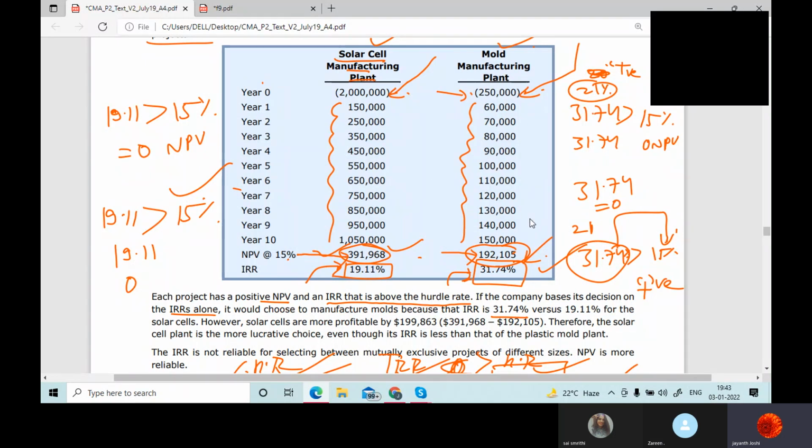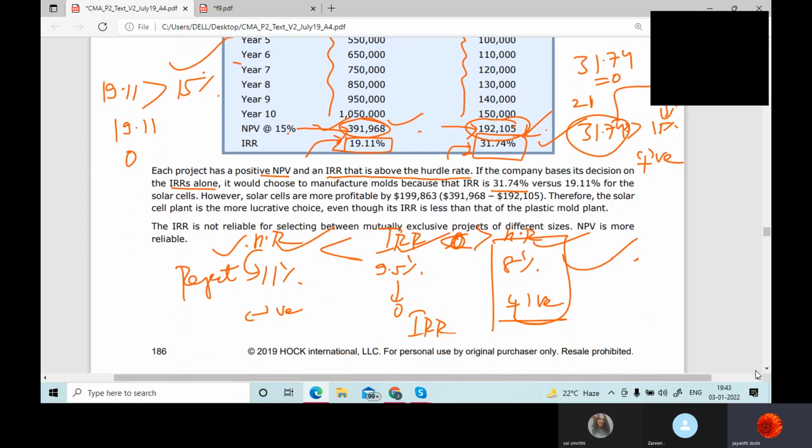So let us see what they are saying now. Based upon the NPV and IRR decision, you will select the 31.74% project because its IRR is higher than that of the solar cells. However, solar cells are more profitable, because when you see the difference between both the NPVs, you are getting more here.